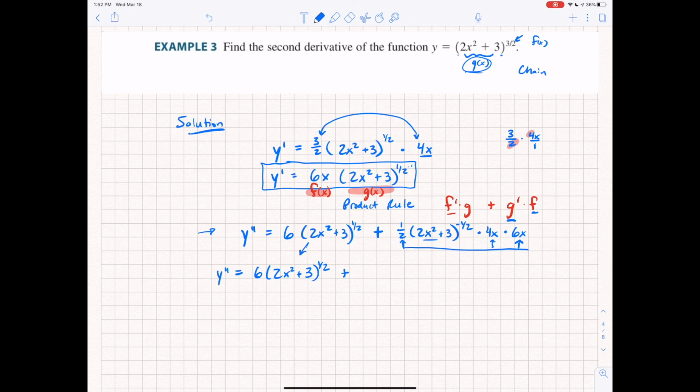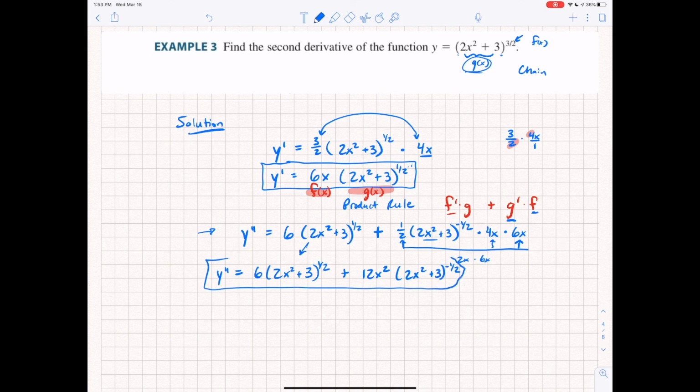I want to go through and combine these three things. I'm multiplying all of them together. So 1/2 times 4x is 2x, times 6x is 12x squared. And then again, my parentheses will stay here to the negative 1/2. And we're going to leave this here.